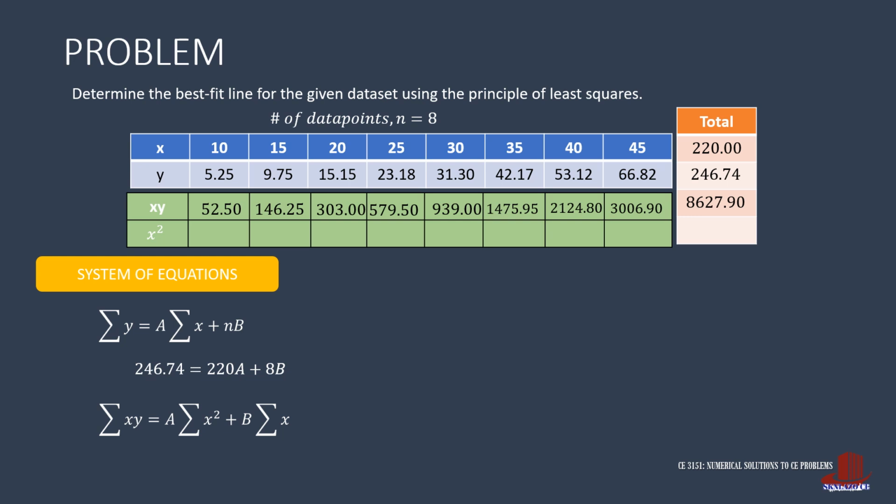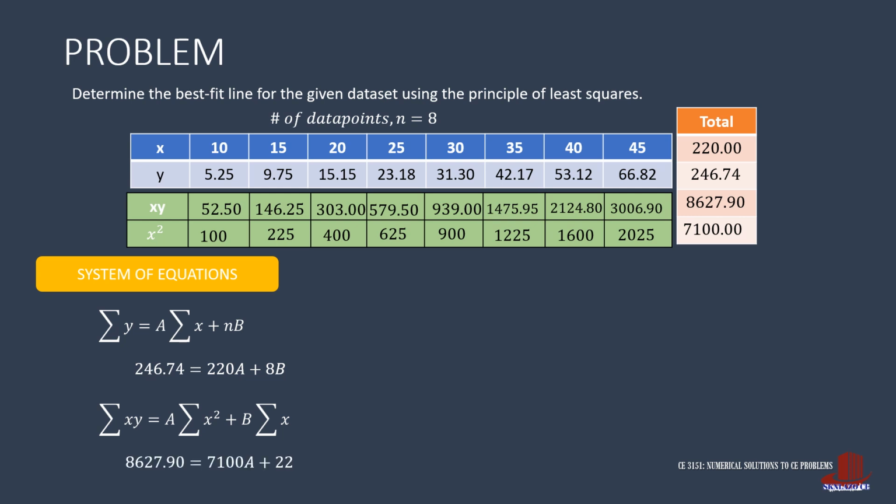Their summation is 8627.9. Also solve for the summation of x squared, starting with 10 squared, which is 100, followed by 225, 400, 625, 900, 1225, 1600, and 2025, totaling to 7100.